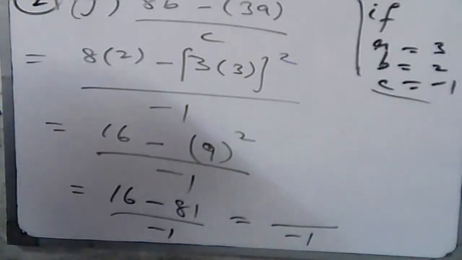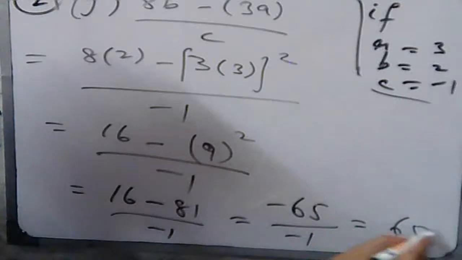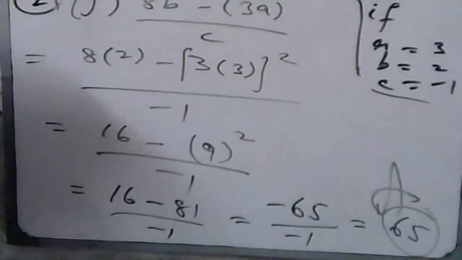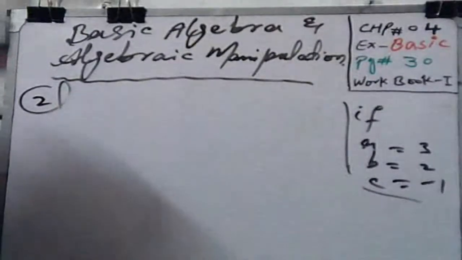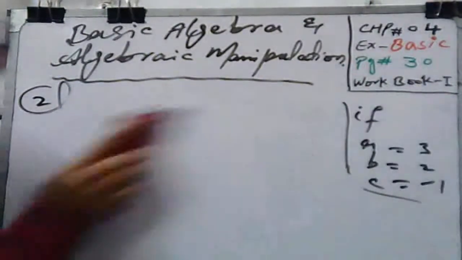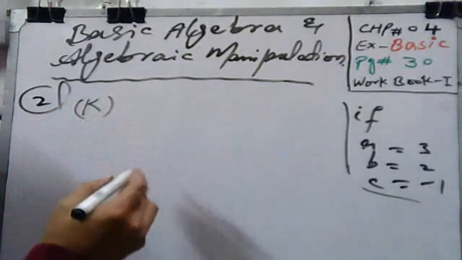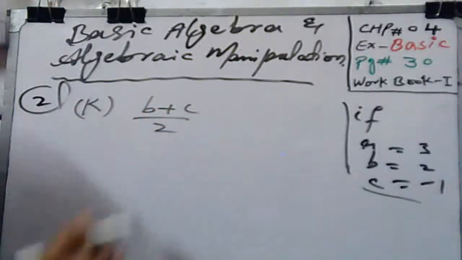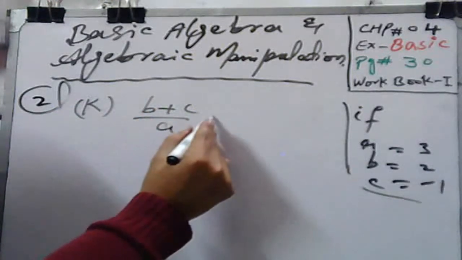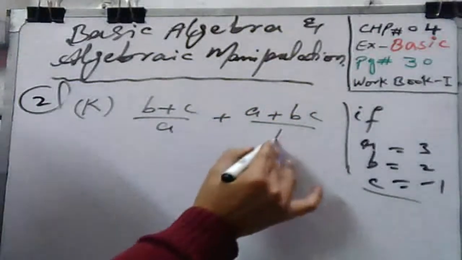Now similarly, in K part, b plus c divided by a, and plus a plus c divided by b. So putting the values, the value of b is 2, c is -1 and a is 3.